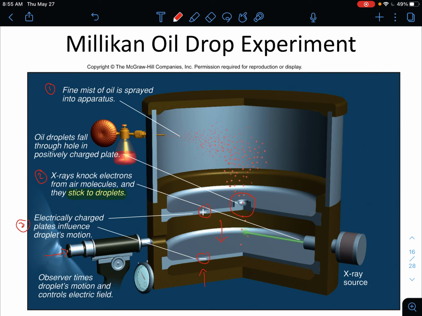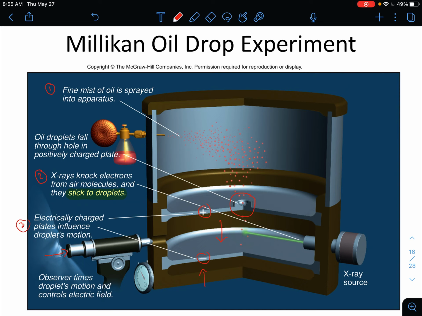So let's go back again. Some number of electrons are stuck onto this oil droplet. It might just be one, but it could also be multiple electrons. What Millikan ends up finding is that every time he does this experiment, all of the total charges divide evenly into the same number.